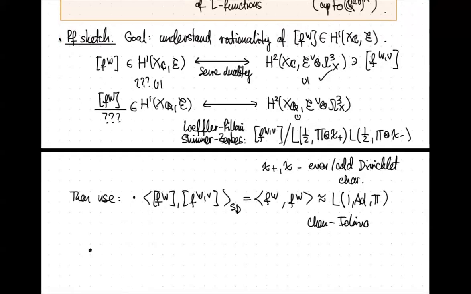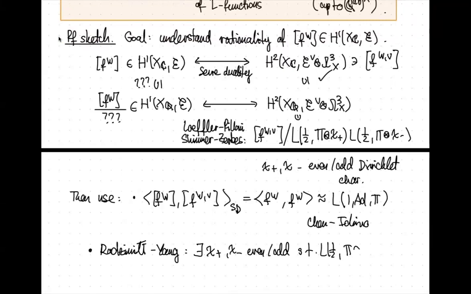Second of all, there's work of Rajiv and Yang, which is an analytic result that says there exist some characters, chi plus and chi minus, which are even and odd, such that those L values are non-vanishing. Because I divided by them, I better know that they're non-vanishing.